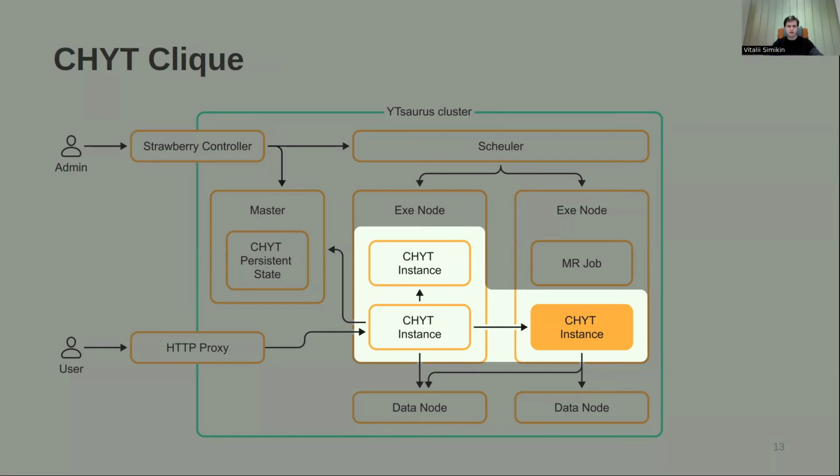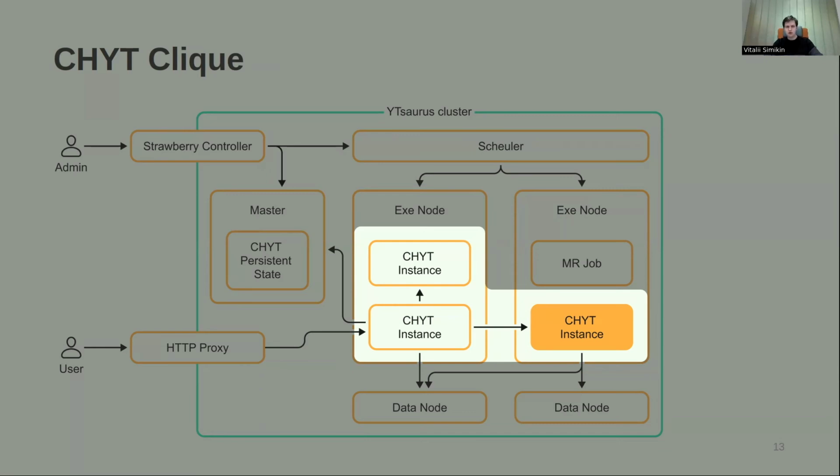As I previously mentioned, instances do not have permanent addresses and can be restarted on different physical nodes, since they use a dedicated discovery feature to find each other. For a clique to work, you do not need all CHYT instances started. The number of instances only affects the query run concurrency and, subsequently, the speed.